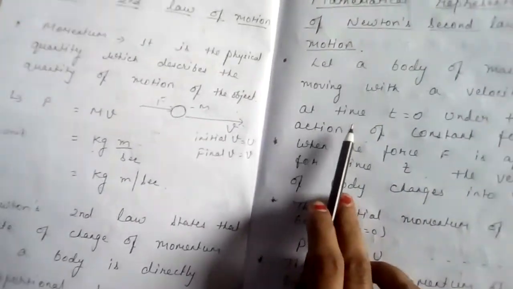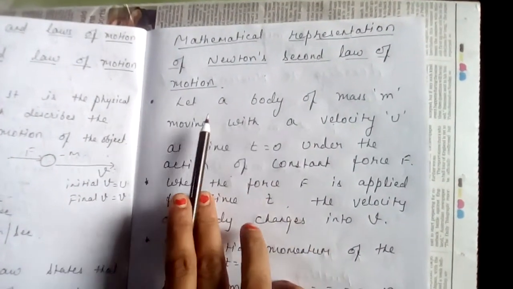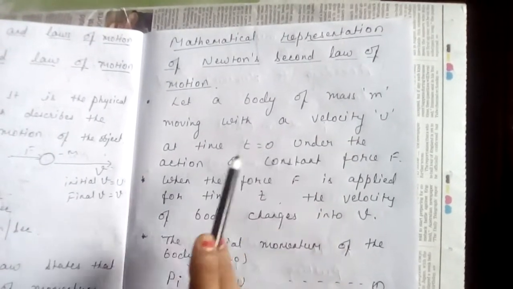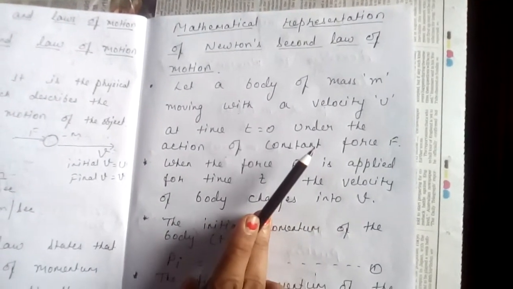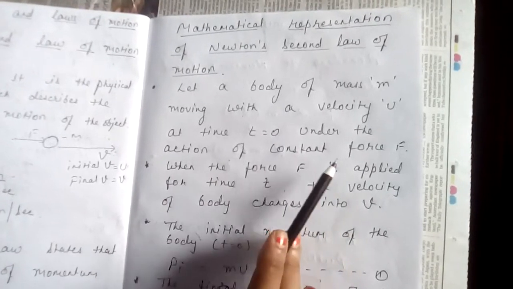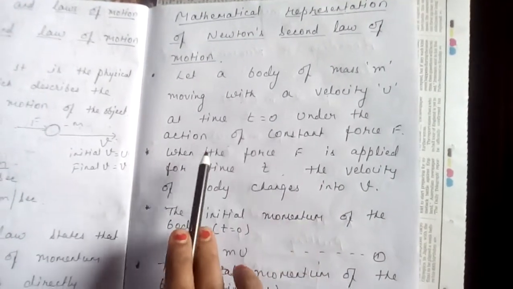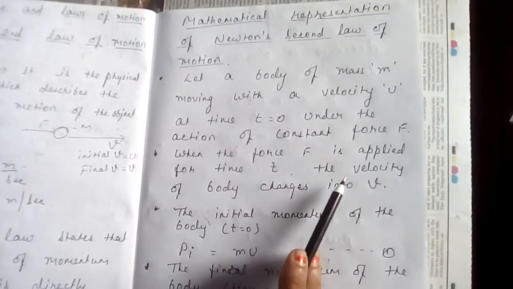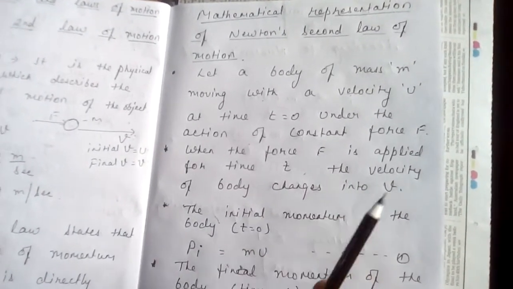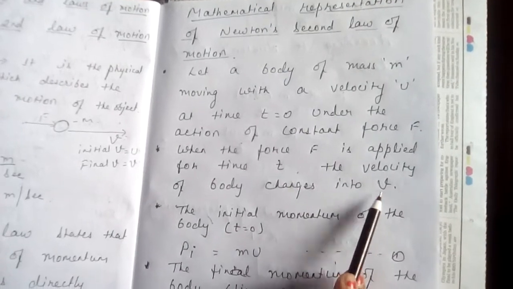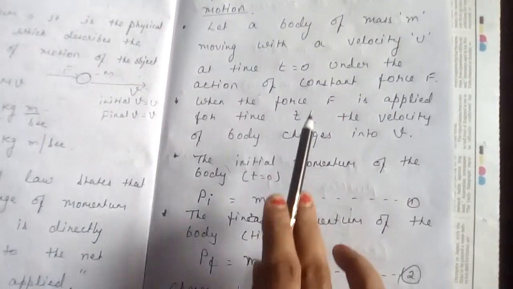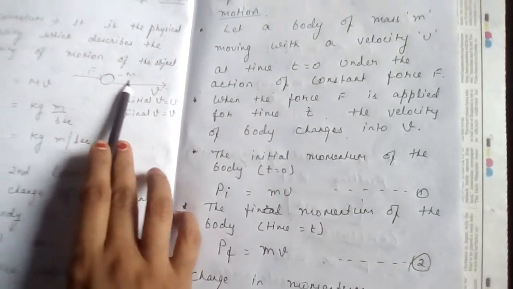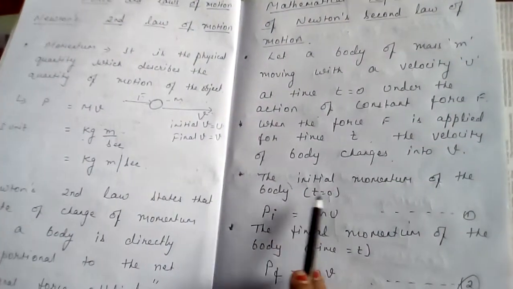So, students, see here, I have described, let a body of mass m moving with a velocity u at time t equal to 0. Under the action of constant force, for time t, the initial velocity changes into final velocity v. Let us find out the momentum, because now the body has come into motion.